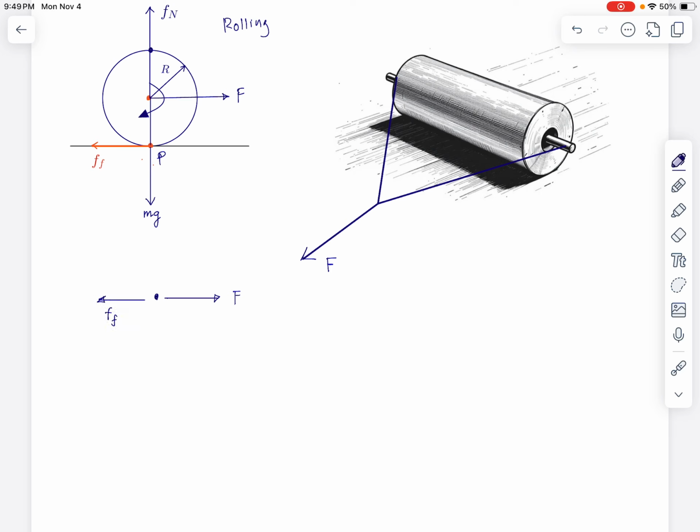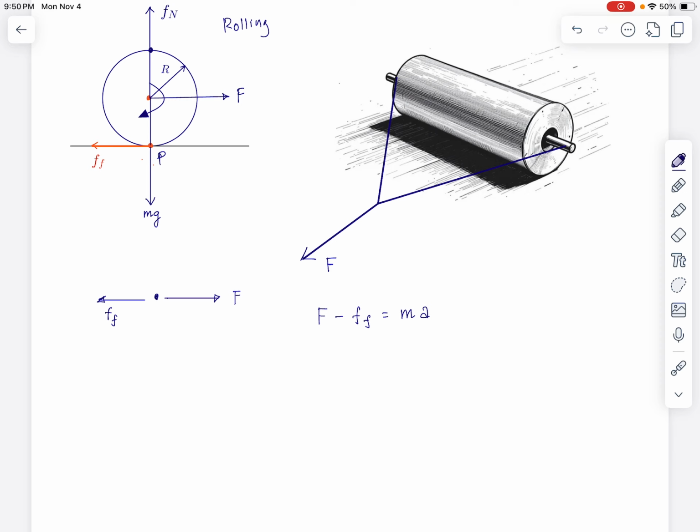So the net force towards the right is the applied force minus the frictional force, which equals mass times acceleration. That's the expression for the net force and how that relates to the acceleration.